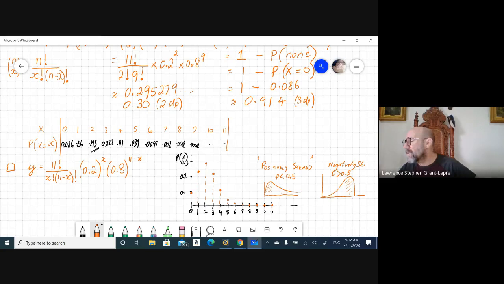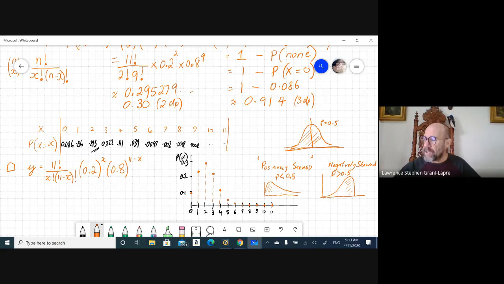Please research the difference between positively skewed and negatively skewed. And in the last lesson we talked about when p is equal to 0.5, where it's symmetrical in the center. That's the normal distribution, a symmetrical curve.